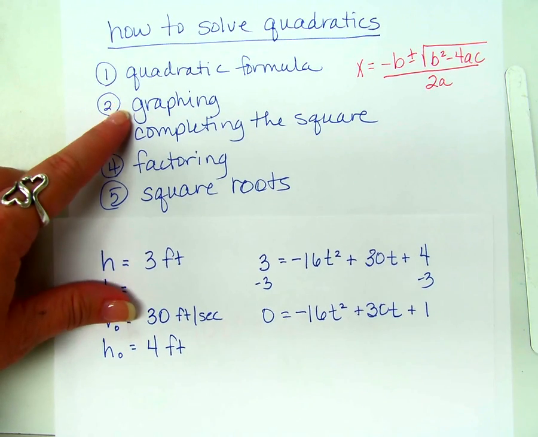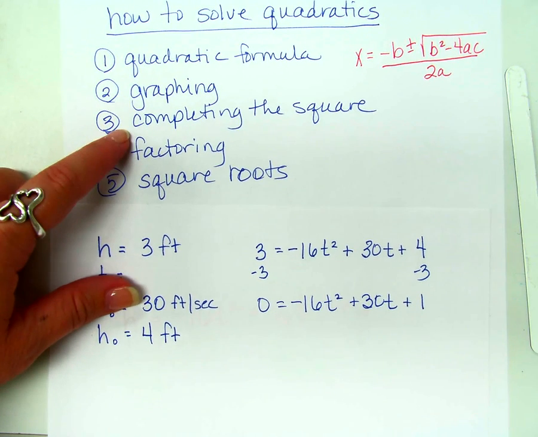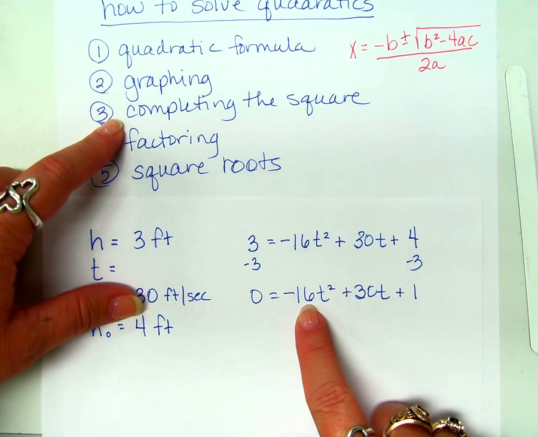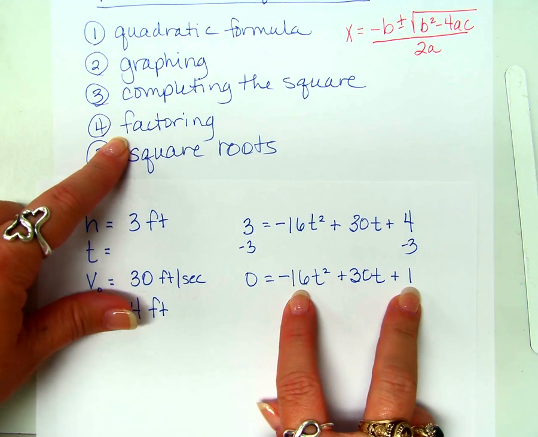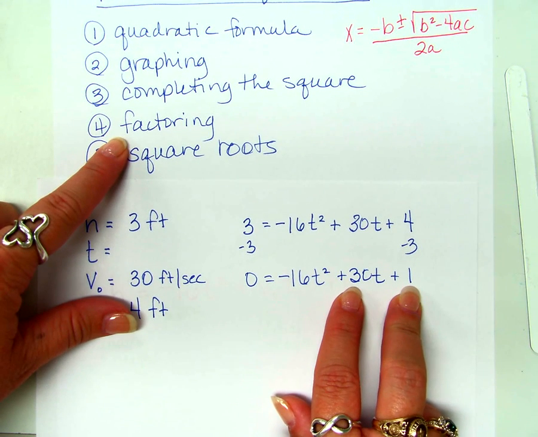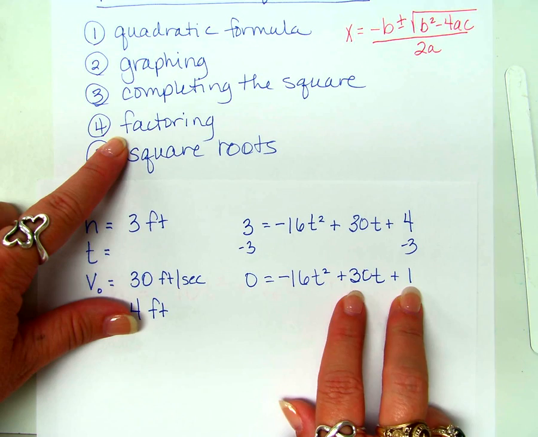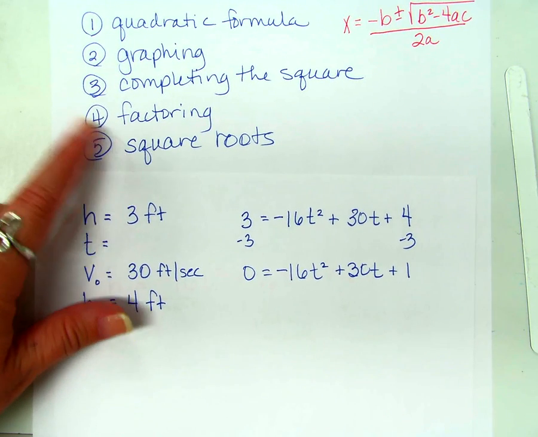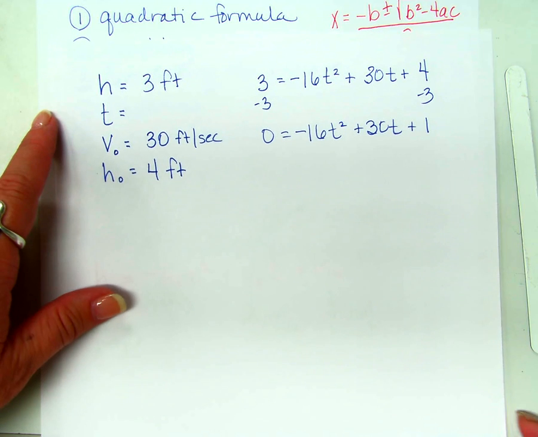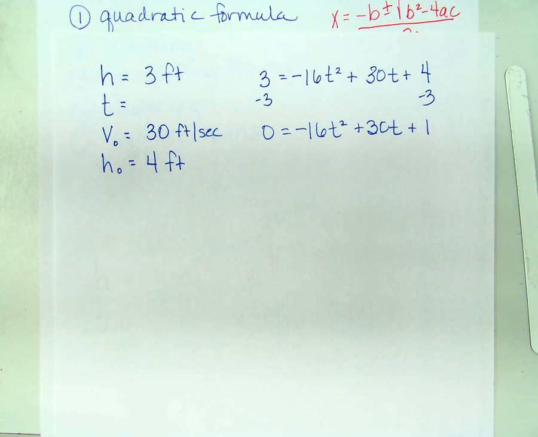I don't know about graphing. Completing the square. This is not A, so probably not completing the square. Factoring, what multiplies to be negative 16 and adds to be 30? I don't know about factoring. I don't think that would probably be the easiest. And we already decided we can't do square roots, right? So you're right. It does look like quadratic formula would be the best choice right here.